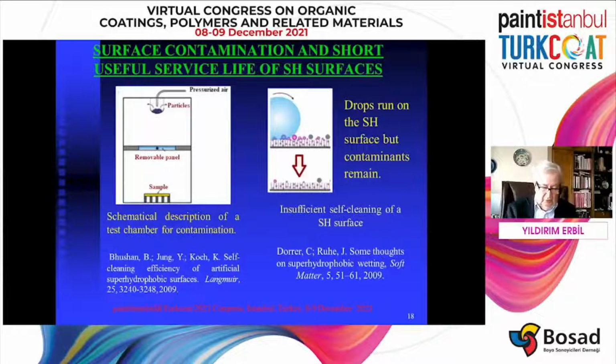So the dirt, dust, volatile organic compounds, and other contaminants can precipitate on the surface, and then it loses its superhydrophobic property. And if the superhydrophobic property is lost, then self-cleaning is not possible. As you may see, the rolling drop goes out, but some dust remains on the surface.